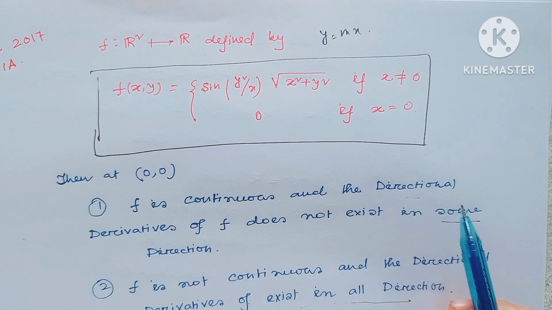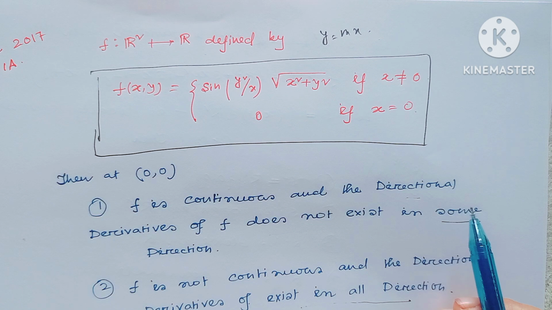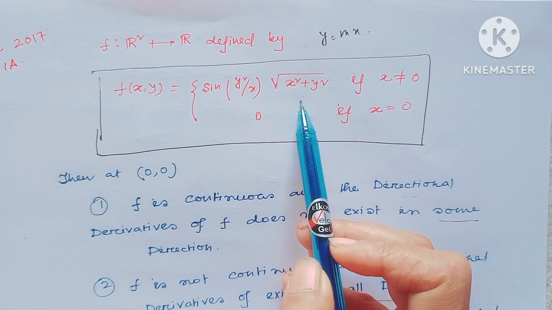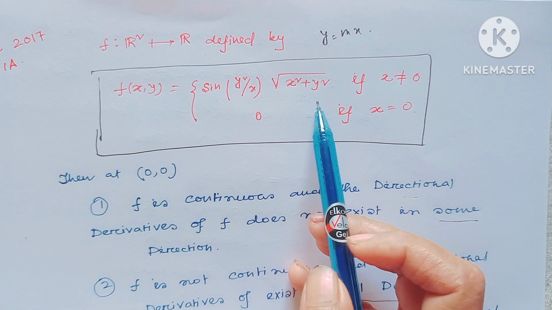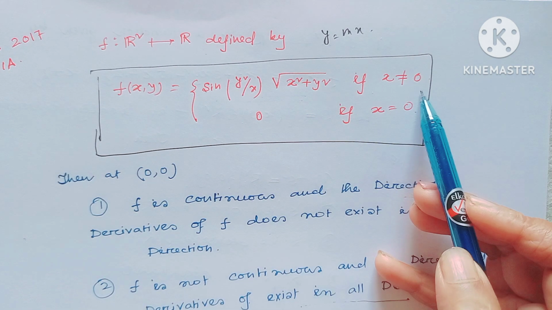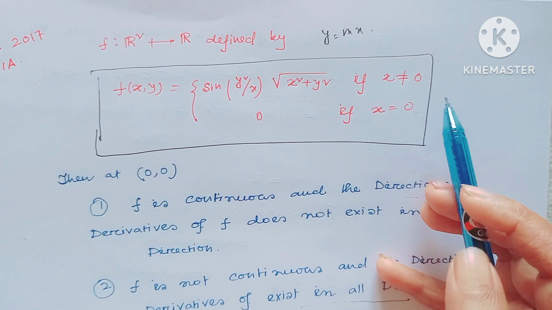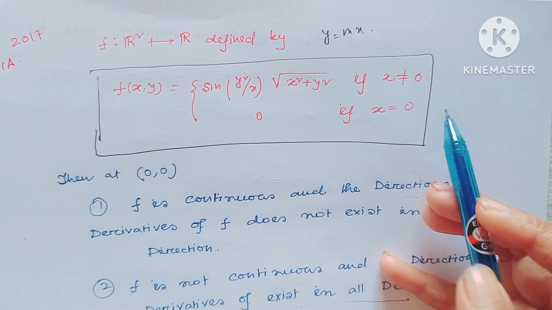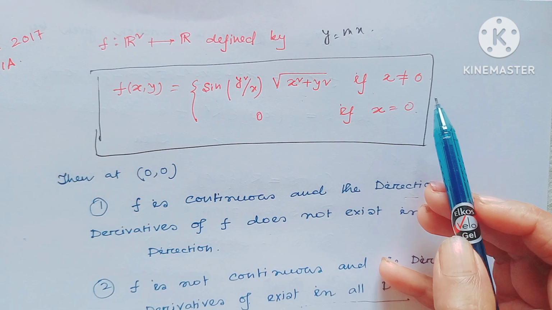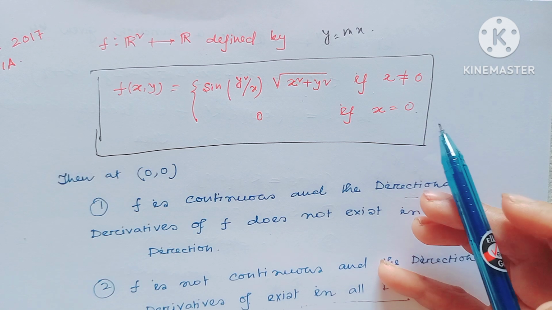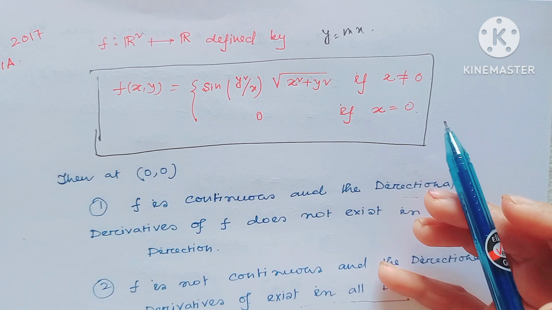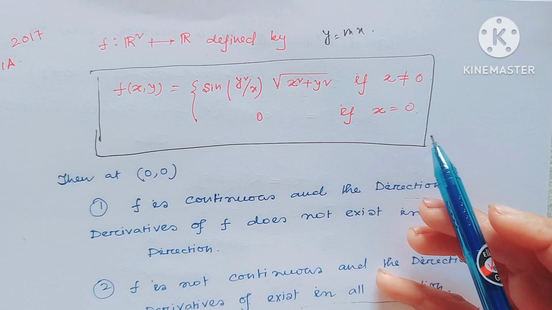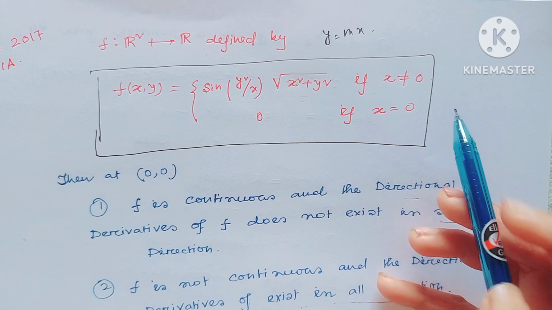Now we have to find the directional derivative. Since this is a polynomial-type function, obviously this function is differentiable when x is not equal to 0. We cannot tell about differentiability at the point x equal to 0; it may be differentiable or it may not be. When differentiable, we all know differentiable means all directional derivatives exist.